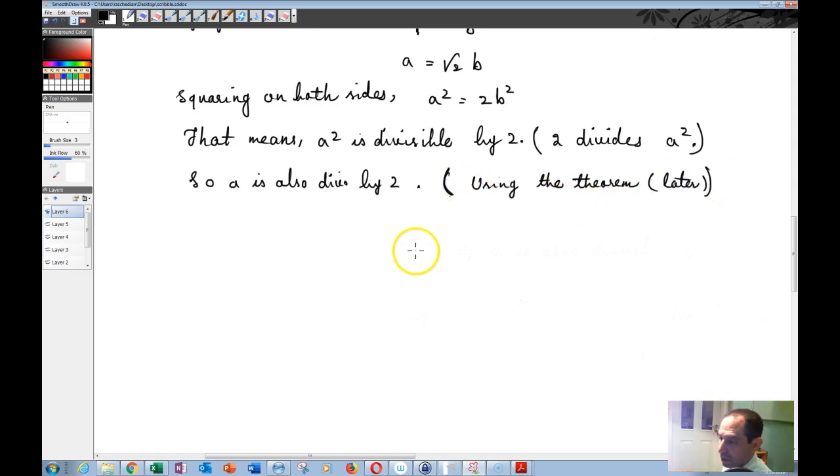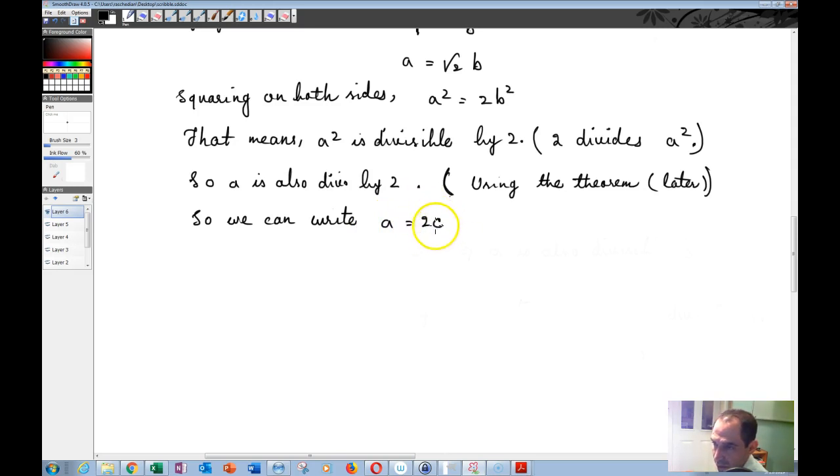Okay, so what that means is that if a is divisible by 2, we can write a as 2 times c, because it's divisible by 2.